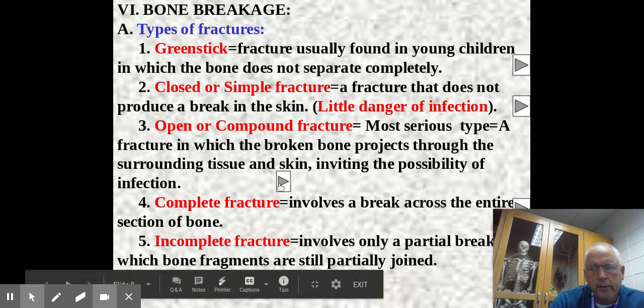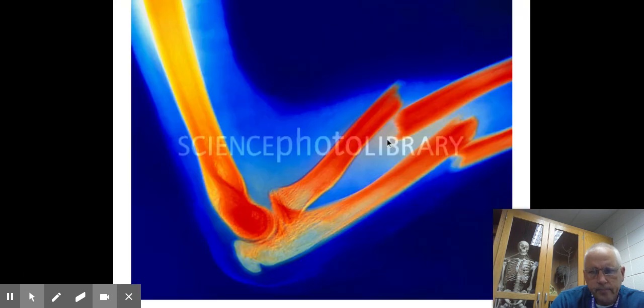These are the ones we worry a lot about because you can see the broken end has a sharp edge to it. It's going to break through the skin. Many, many years ago during March Madness, there was a Louisville basketball player that went to block a shot. He came down and landed kind of funny on his leg, right in front of the Louisville bench, and you could tell by the reaction of the players, they all just turned away and ran away, grossed out.